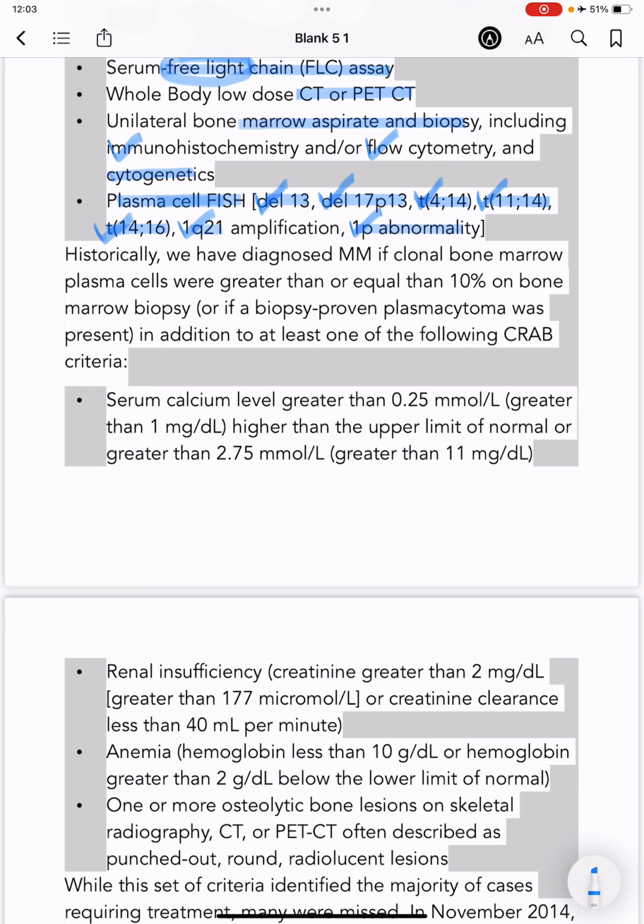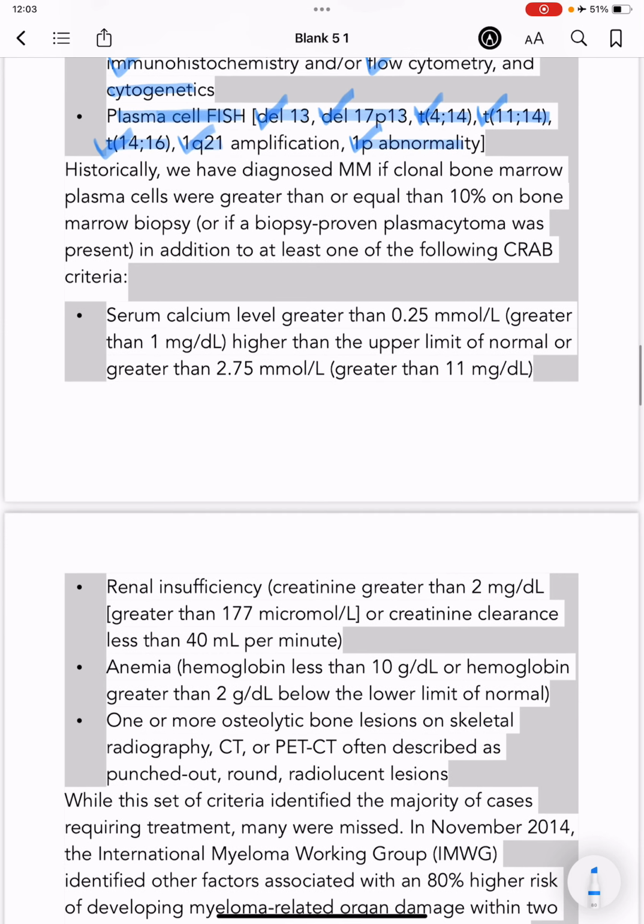Historically, we have diagnosed multiple myeloma if clonal bone marrow plasma cells were greater than or equal to 10% on bone marrow biopsy. So when do we diagnose multiple myeloma?